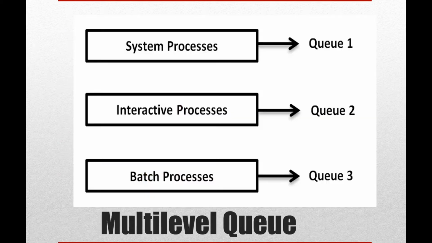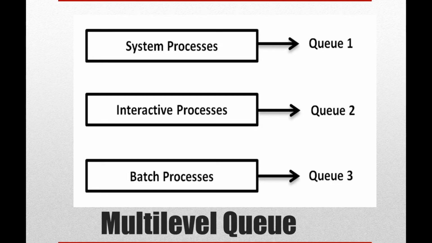So here, we have three sample processes: system processes, interactive processes, and batch processes. As mentioned in the previous slide, the processes are permanently assigned to one queue. In the picture shown here, system processes is assigned to Q1, interactive processes is assigned to Q2, and batch processes to Q3.